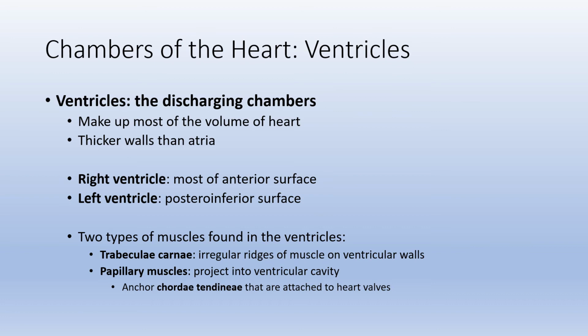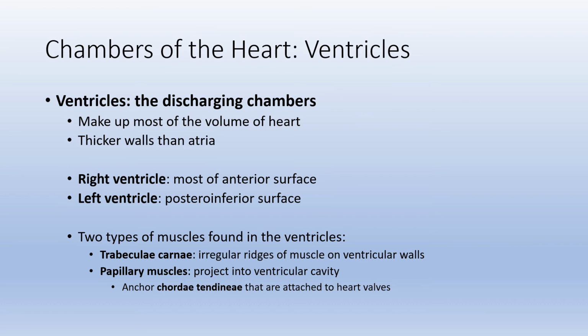But also looking inside of the ventricles, we can see some ridges along the walls caused by muscle, which are known as trabeculae carneae. We saw a muscle similar to this in the atria, known as a pectinate muscle.